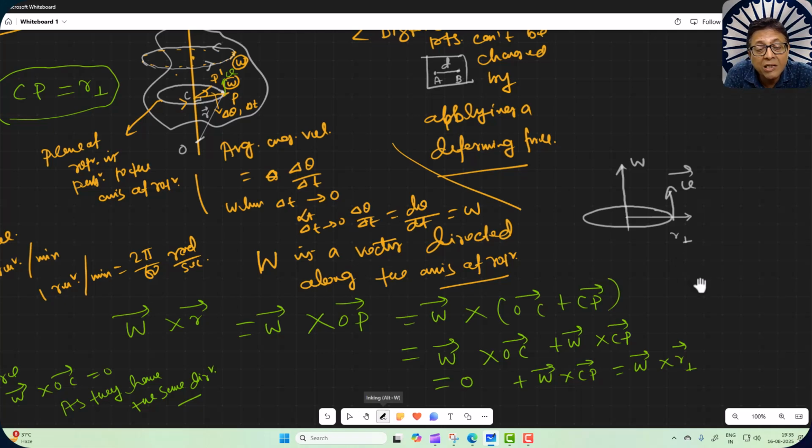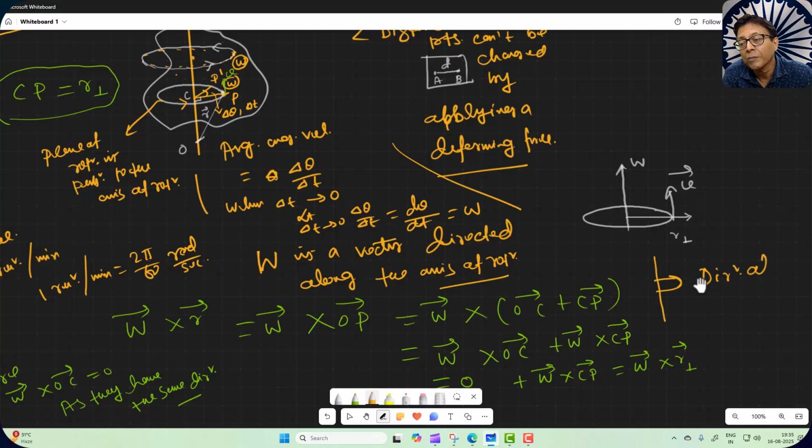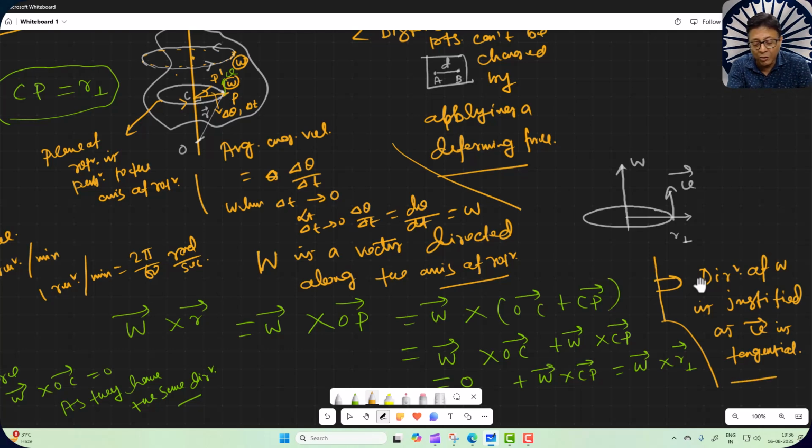So by convention, taking omega along the axis of rotation is justified, as V is tangential. Am I clear? So the direction of omega, whatever I told you, is in accordance with the circular motion.